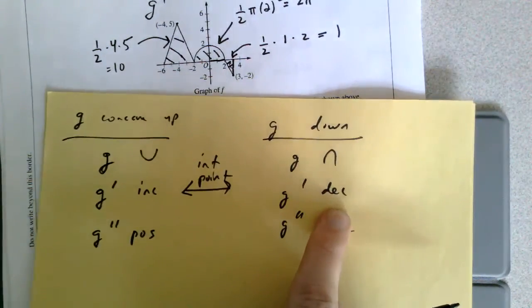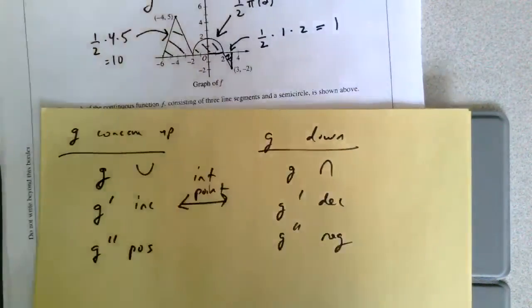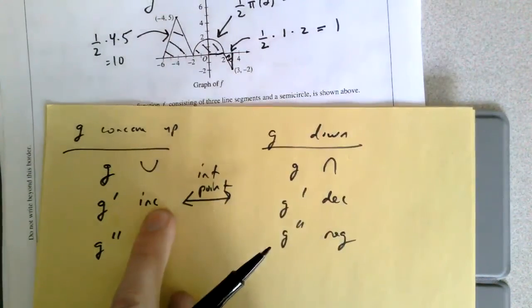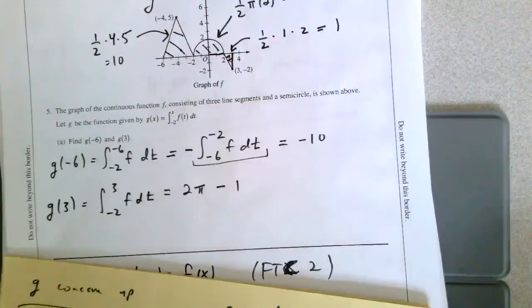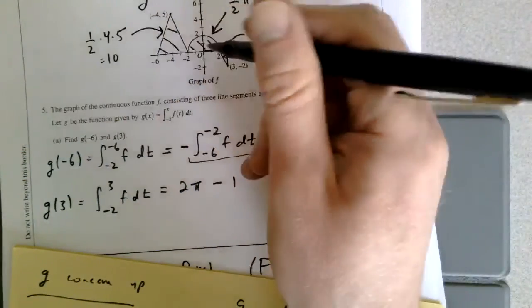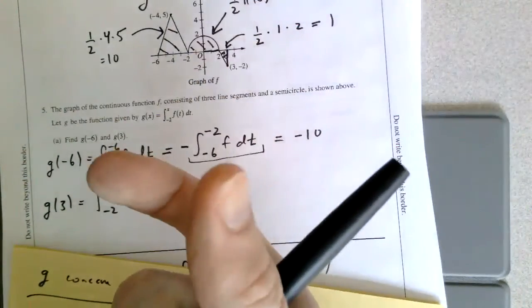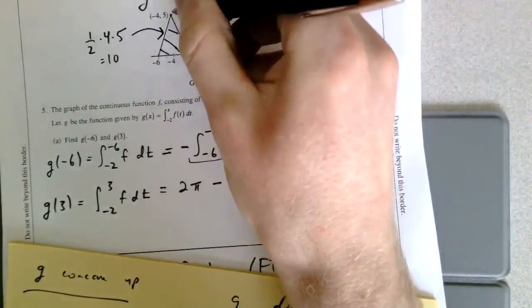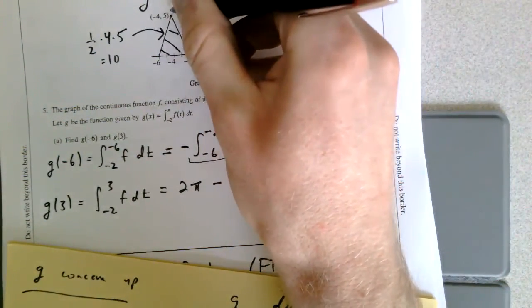You'll have an inflection point anytime g prime, this graph, switches from increasing to decreasing or the other way around. Again, we're excluding the points -6 and 3. We're just considering the interval between those two values. So I see certainly g prime switches from increasing to decreasing here.